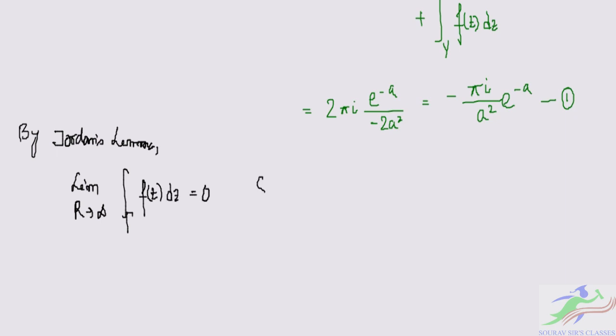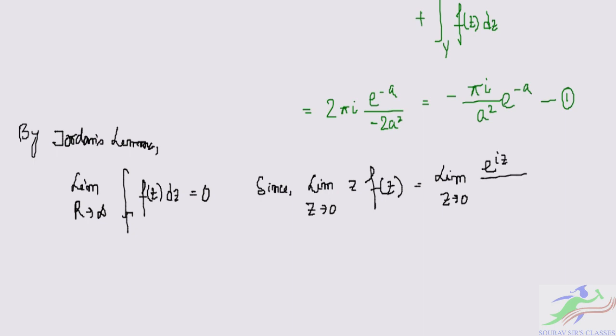Now since we have the limit z tends to 0 of z f(z), this is the limit z tends to 0 of e to the power iz by z square plus a square, which equals 1 by a square at z equal to 0.